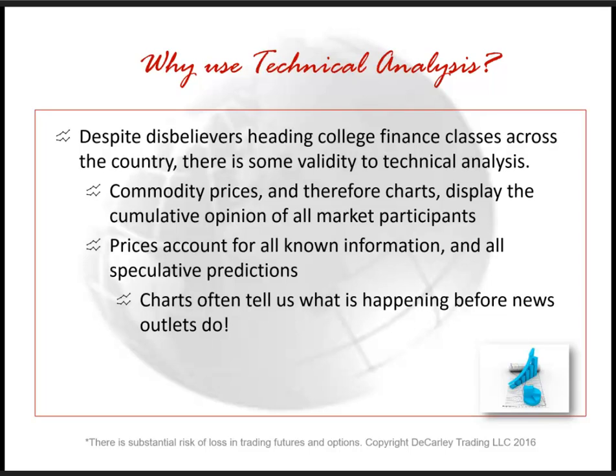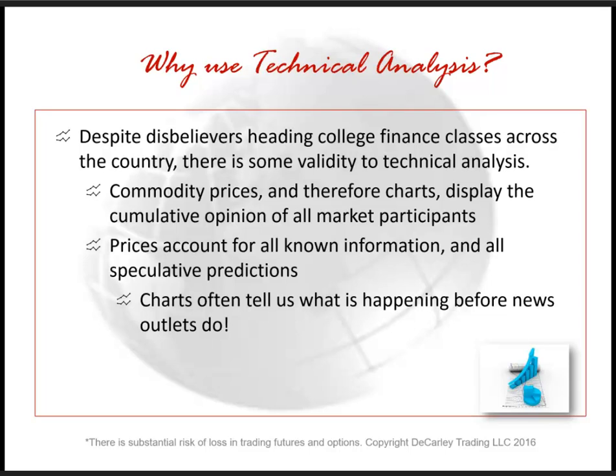But really, if you think about it, commodity prices and therefore their charts really just display the cumulative opinion of all market participants. So the nice thing about that is the current price of any particular commodity already accounts for all known information and all speculative predictions.